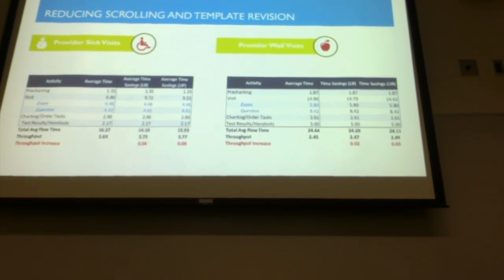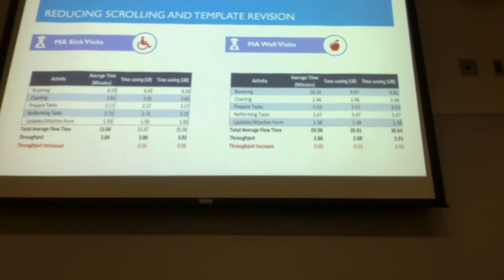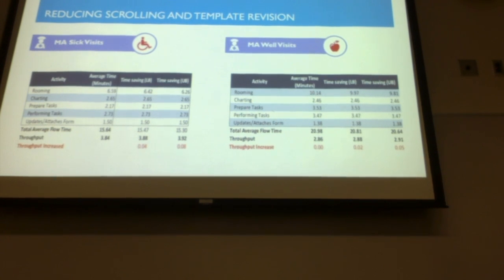For the provider sick visits, it'll increase the throughput from 0.04 to 0.08 patients per hour. And for the well visits, it will go from 0.02 to 0.03. But on the MA side, this will increase the throughput from 0.04 to 0.08 for sick visits, and increase the throughput for well visits from 0.02 to 0.05.